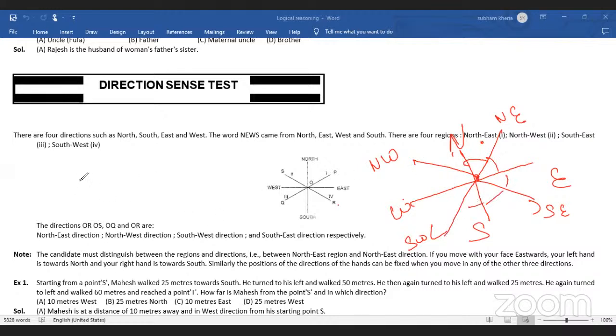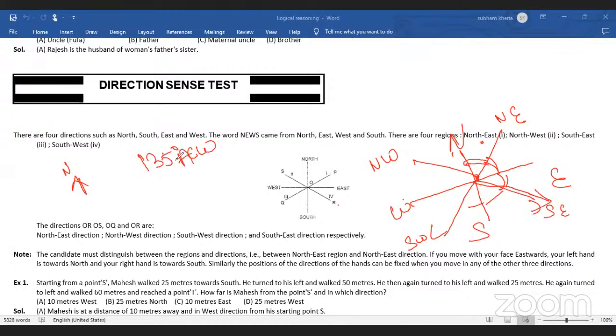Now, if I am telling you, you are facing north and turning 135 degree clockwise, where are you facing now? ध्यान से समझना. You are north, 135 degree. 135 मतलब 45, 45 and 45. So where are you facing now? Southeast, because you are in clockwise direction.